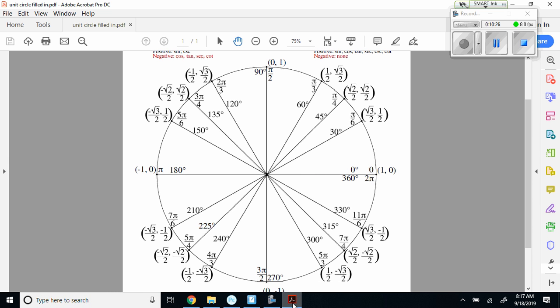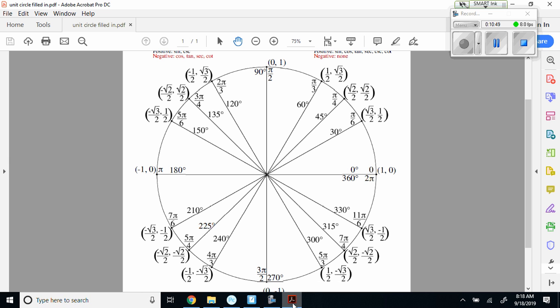What if I said, what is the sine of 45 degrees? What is the exact value of the sine of 45 degrees? So you live and die by the unit circle.